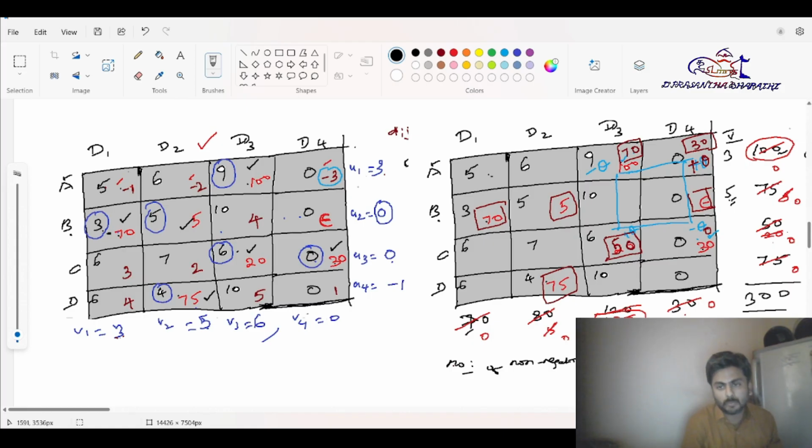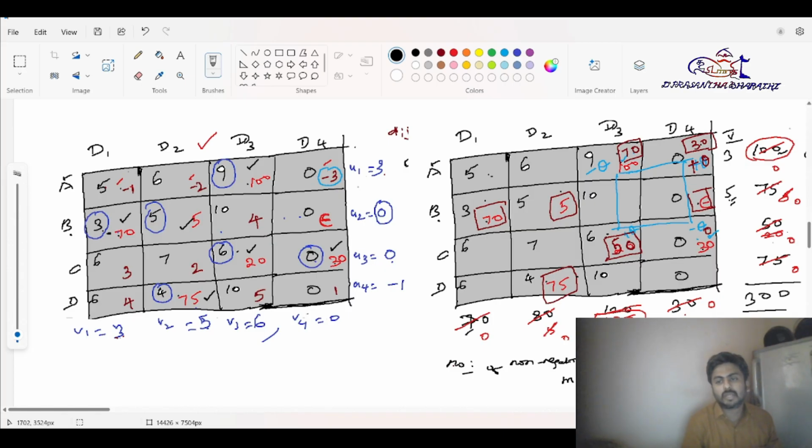How many allocations are there? 1 2 3 4 5 6 7 allocations are there, and m plus n minus 1 is also equal to 7. So these two are equal.